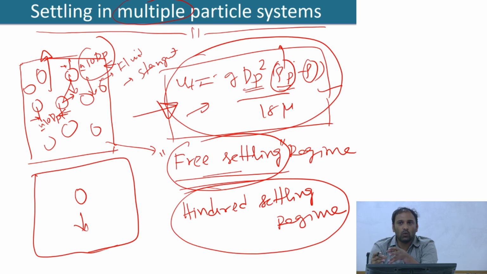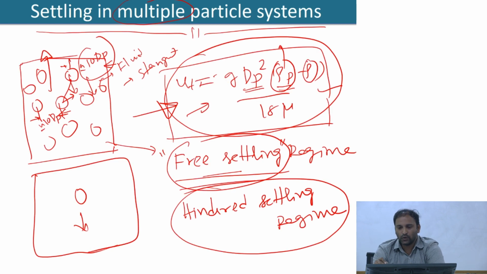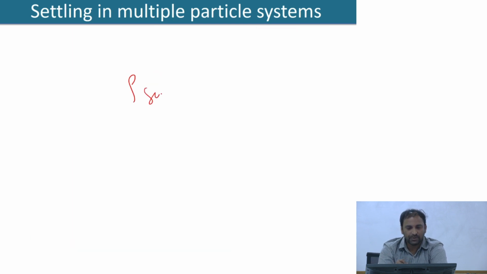What the particle effectively sees is not just the fluid, but the fluid plus the particles. In that sense, instead of using rho, the density of the fluid, you would have to use the rho of the suspension.